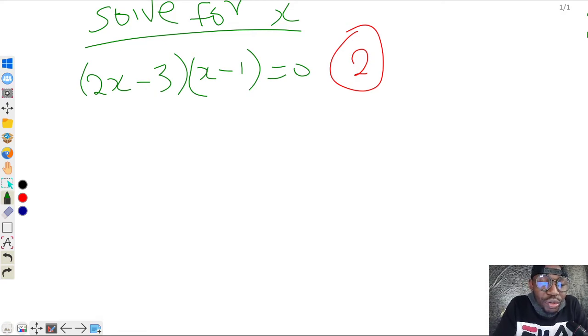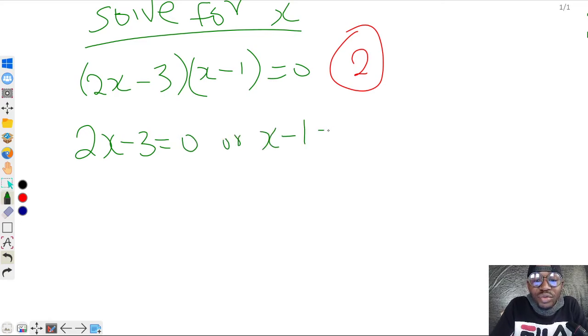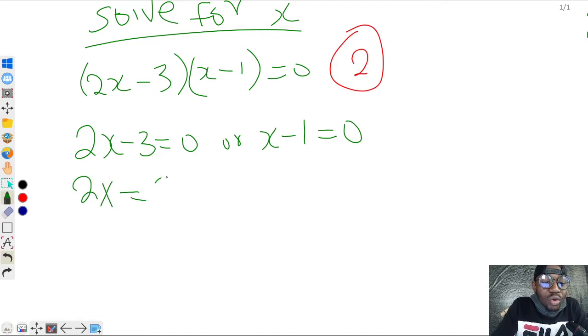So what we're going to do is write 2x minus 3 is equal to 0, or x minus 1 is equal to 0. So because there is a 0 on the right hand side of the equal sign, this is how we solve this question. All right, 2x is equal to 3, or x is equal to 1.